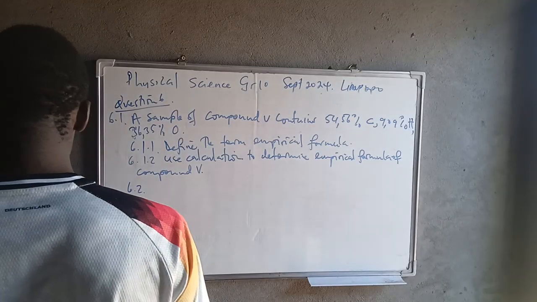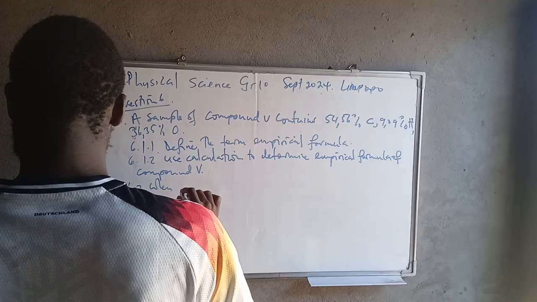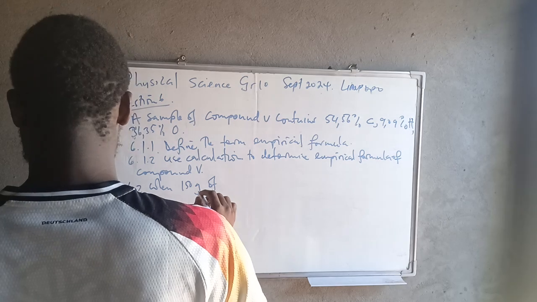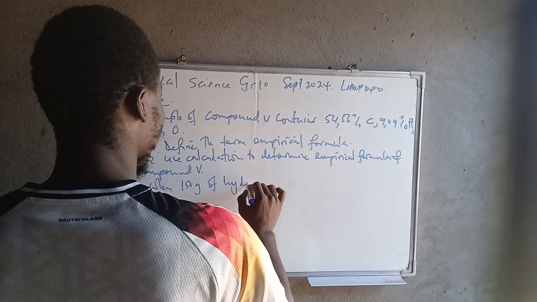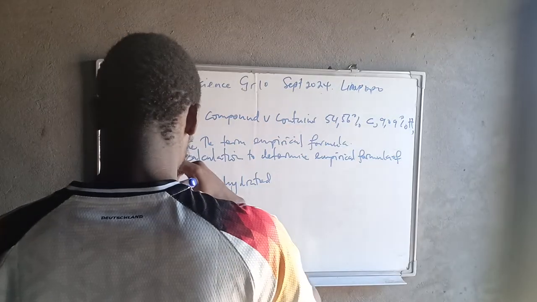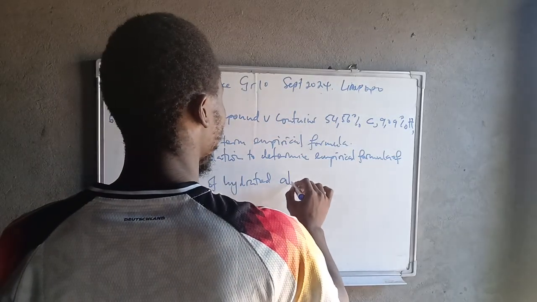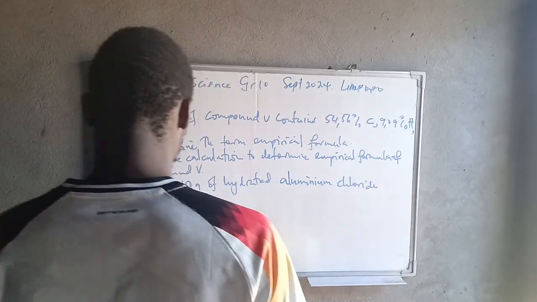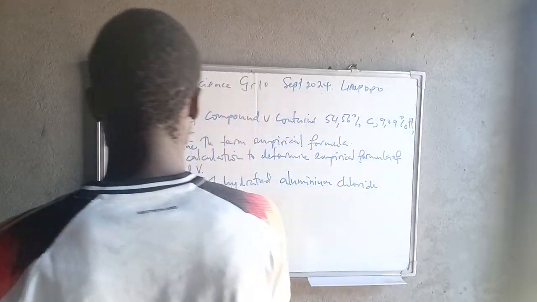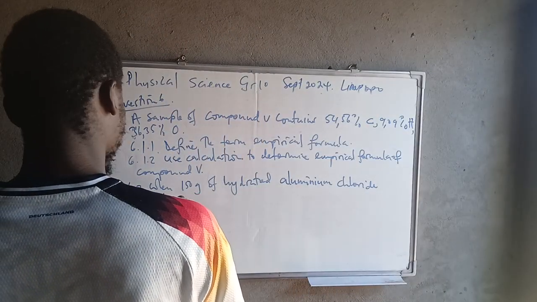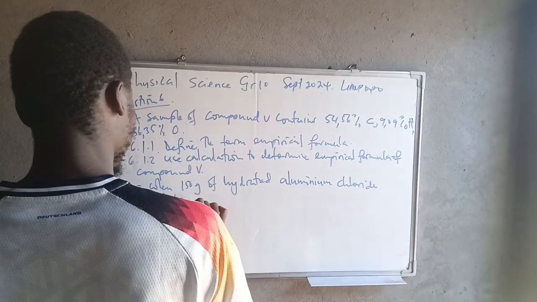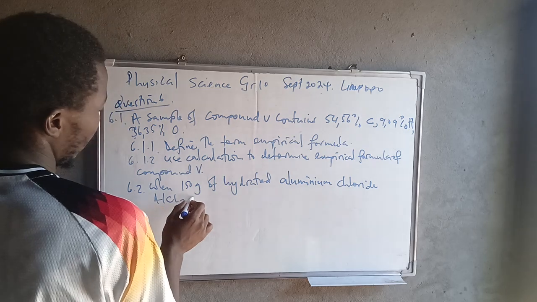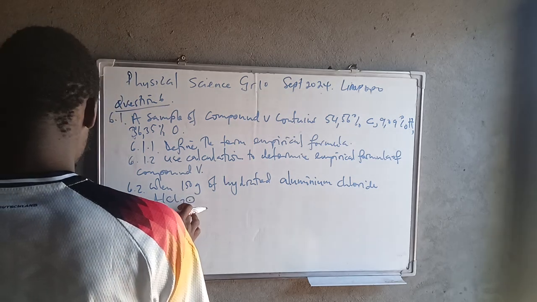Then 6.2, it says when 150 grams of hydrated aluminium chloride, that is AlCl3, then we put a dot. That means it's a light bond. This doesn't mean a multiplication sign. It means it's a light bond.